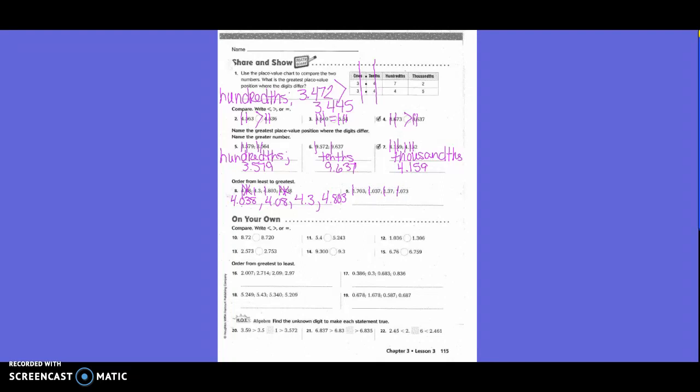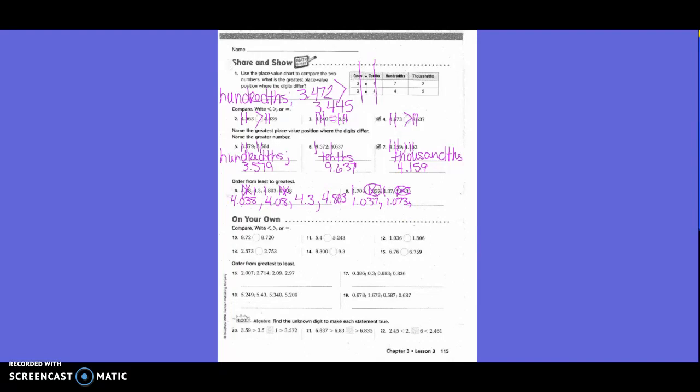We have a 7, a 0, a 3, and a 0. What's going to come first? The 0. So we're looking at these two numbers first. Would it be 37 or 73? 37. We use that one, and then we'd write 1 and 73 thousandths.